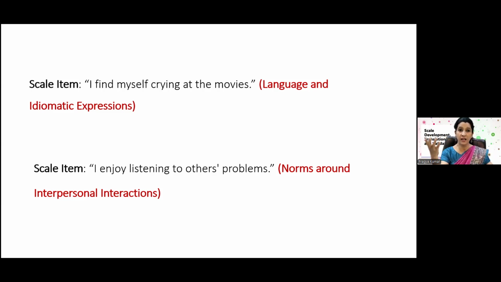So even if he cries, he will say, no, I don't agree with this, or I strongly disagree. So it depends on the norms around interpersonal interactions. This item, "I find myself crying at the movies," reflects the norms in society on interpersonal interactions.